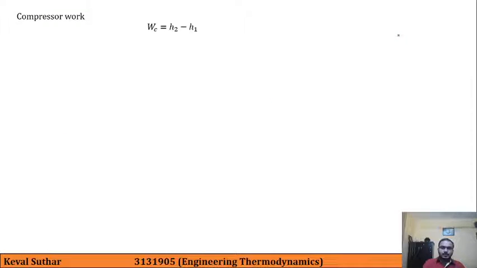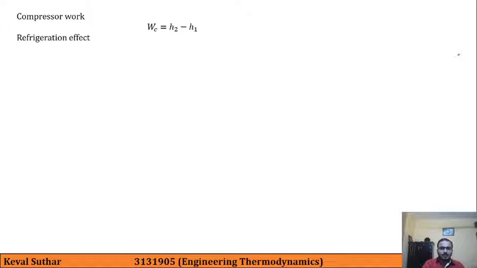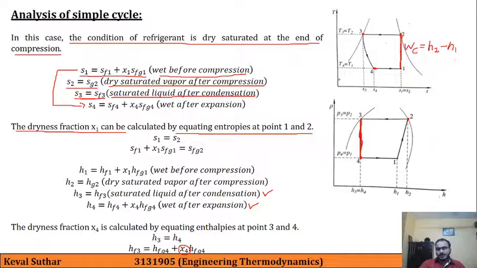Now the compressor work is given by H2 minus H1, that is, WC = H2 - H1. And the refrigeration effect will be H1 minus H4, that is, RE = H1 - H4.